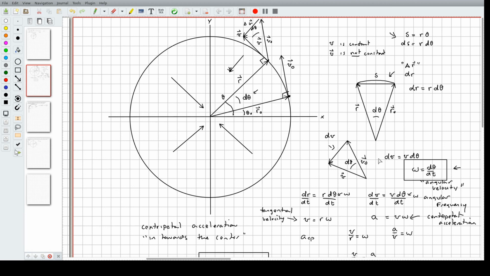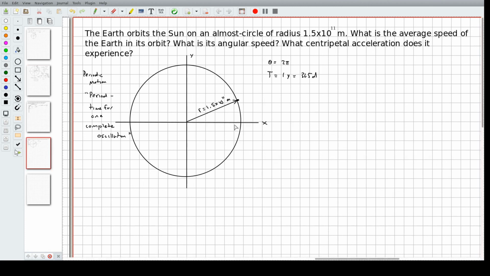Velocity is distance, or speed is distance over time, rather. That's what this is basically, a speed. Okay? So omega we could find by looking at 2 pi over T. And we're going to do that. But before we get too far ahead of ourselves, I'd like to point out that that's additional information that we know.